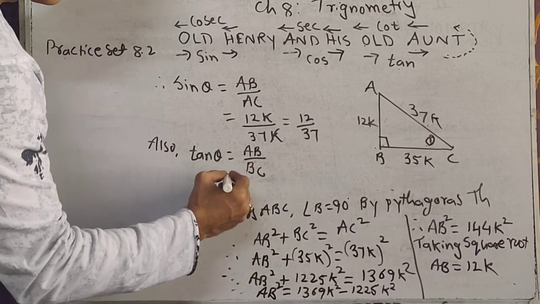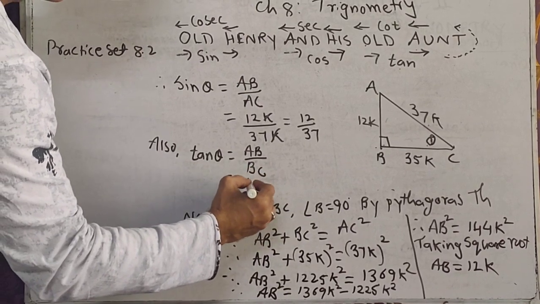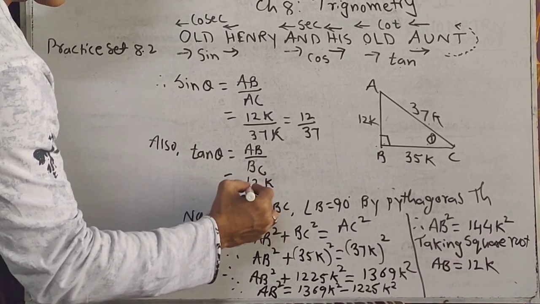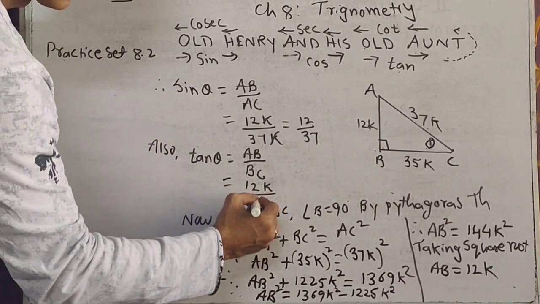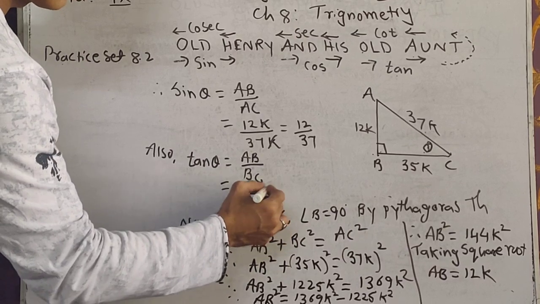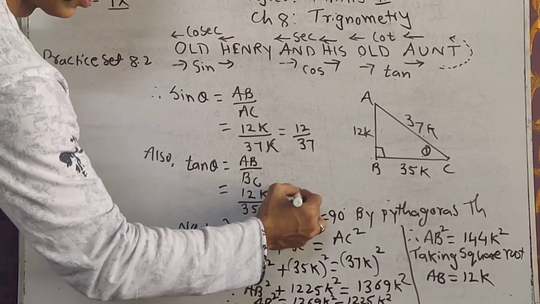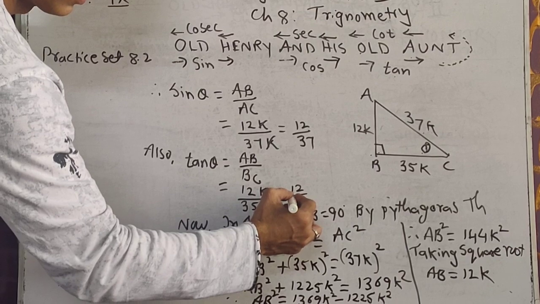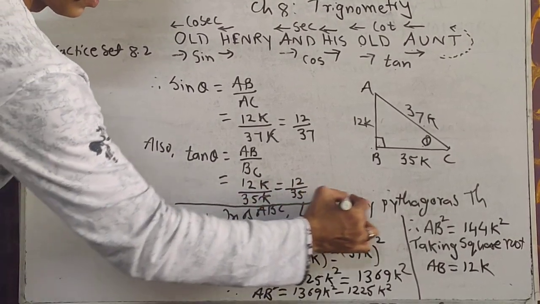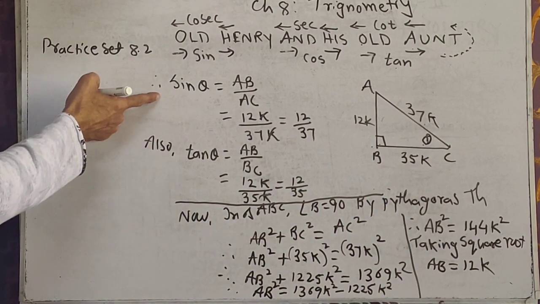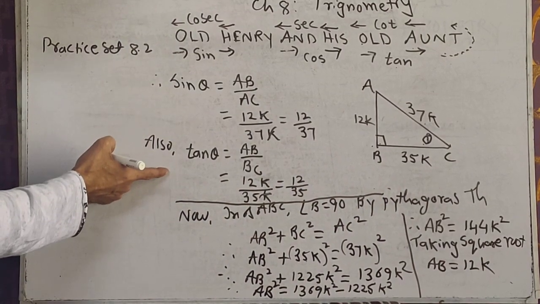So AB is 12k and BC is 35k. K and K will get cancelled. You got the answer 12 upon 35. So here we got the answer for sin theta and for tan theta.